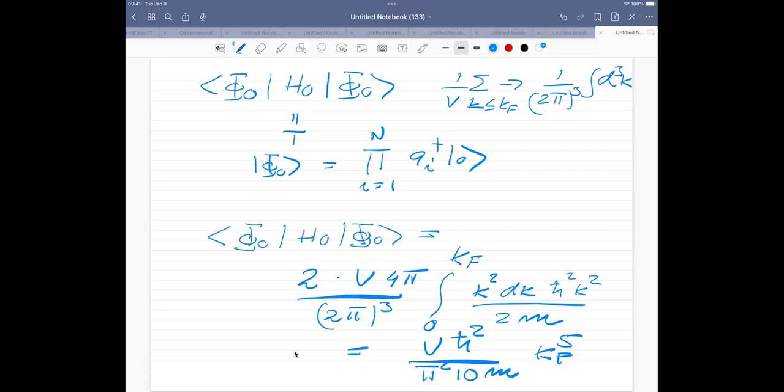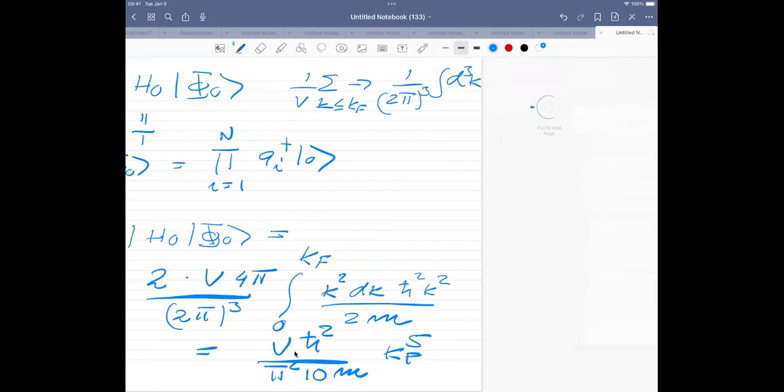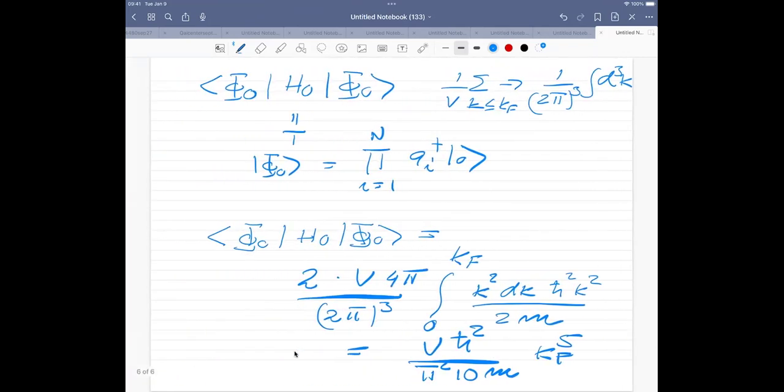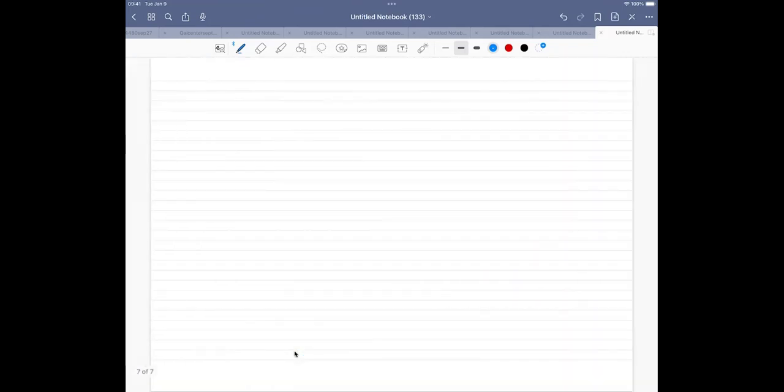Everybody's written it. We now simply introduce this N divided by V, which is something we calculated yesterday, which can also be defined in terms of the Fermi level. And this is 3 pi squared.